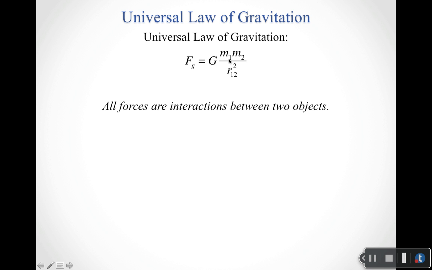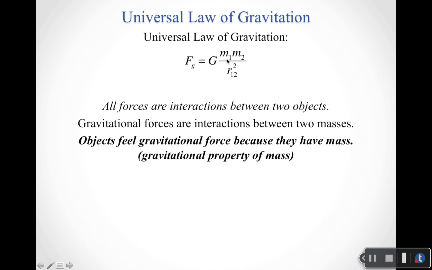We know that all forces are interactions between two objects, and the nice thing about this way of thinking about the gravitational force is that it makes explicit that it's an interaction between two masses. So gravitational force cares about mass.